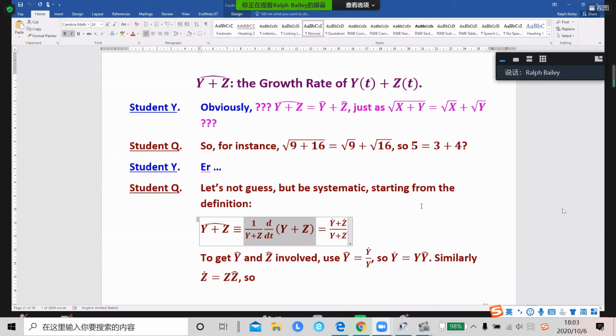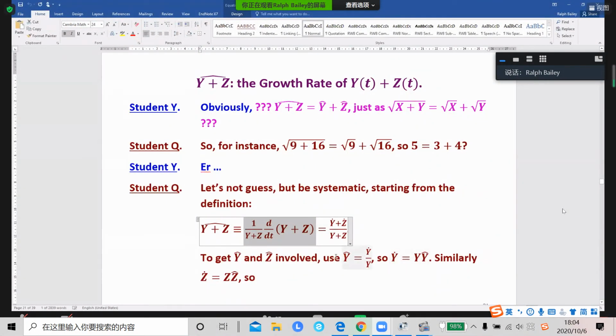Well, we can differentiate y plus z, because the derivative of a sum is just the sum of the derivatives. So we get y dot plus z dot divided by y plus z. That's correct, but let's get it in terms of growths. We can use a little trick here. There's a sort of trick that often comes up.